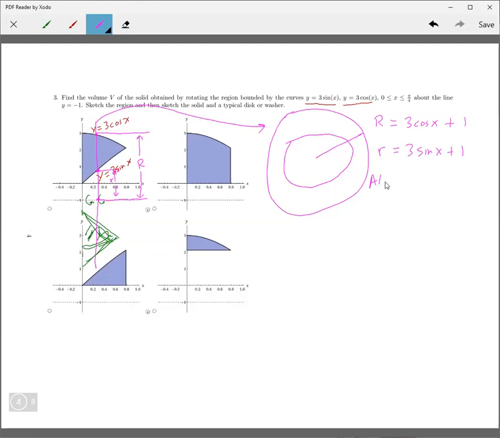And your area of x is going to be pi times big R squared minus little r squared. Okay, in fact, we can go ahead and do that one. So that's going to be 3 cosine x plus 1, because that's what big R is, squared, minus 3 sine x plus 1 squared.